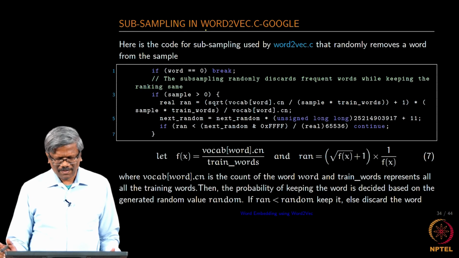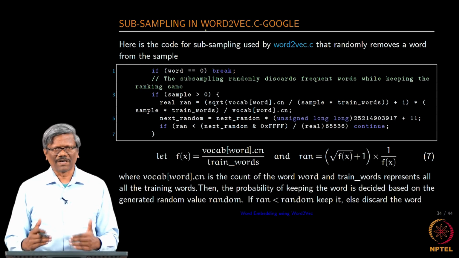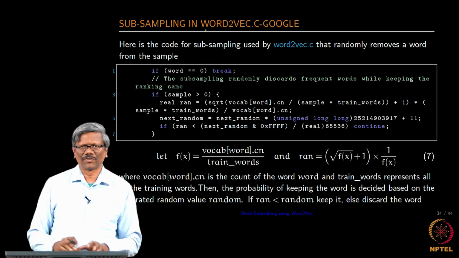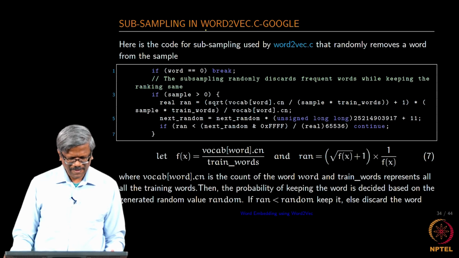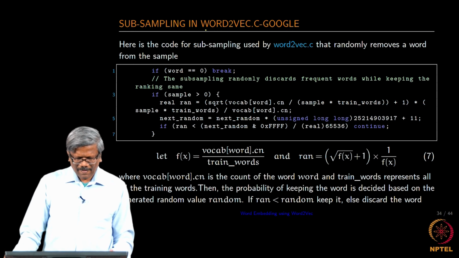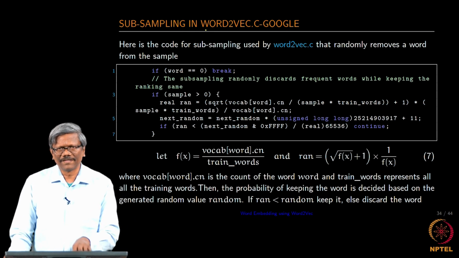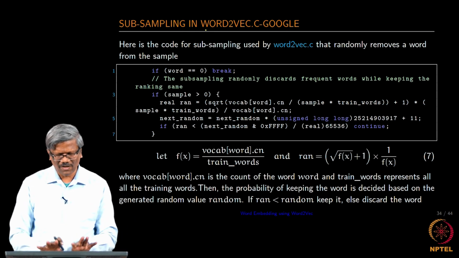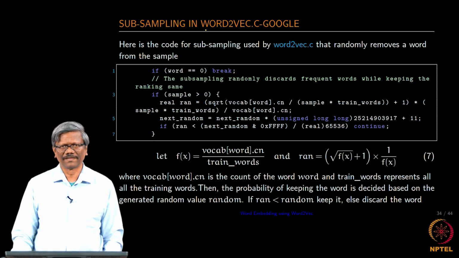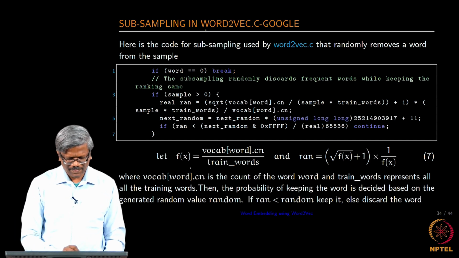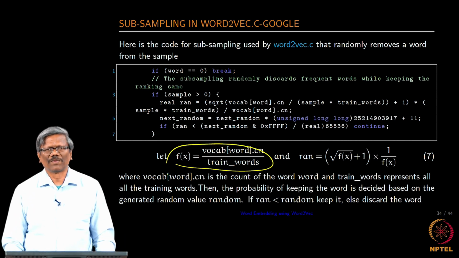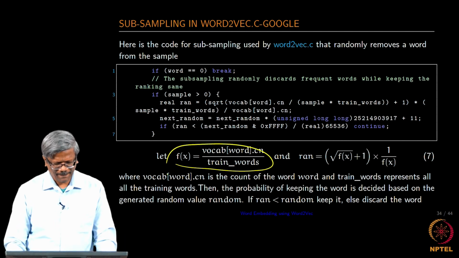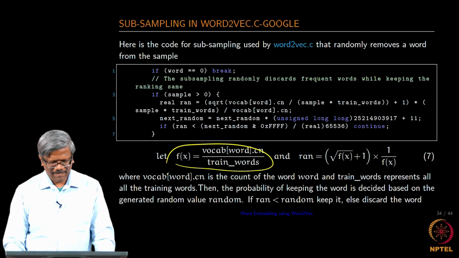Here they have used a subsampling mechanism to remove the infrequently occurring words. If you really understand C, I would like you to go through this and see how they are utilizing the mechanism to reduce the number of samples for the training.